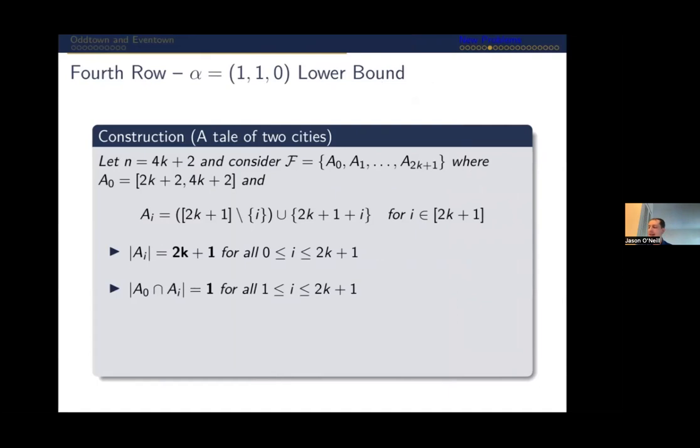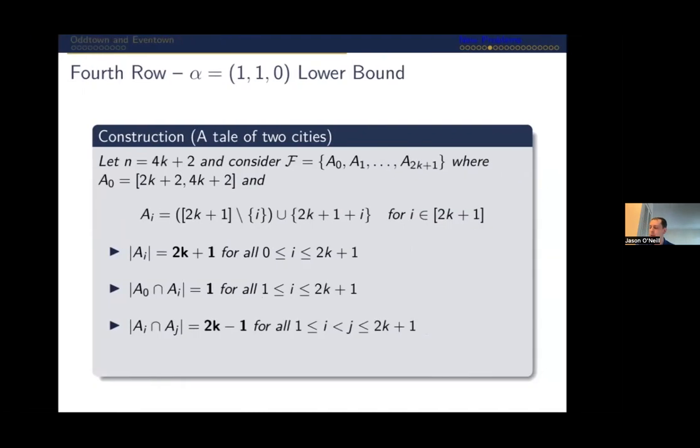Now if I take my set A naught and exactly one set A sub i, the intersection is only going to be the unique element from the second city. So in particular, the size is going to be 1. And if I were to take A naught together with 2 of them, the size of that intersection is going to be 0. So if I take an intersection with A naught, both of those conditions are satisfied.